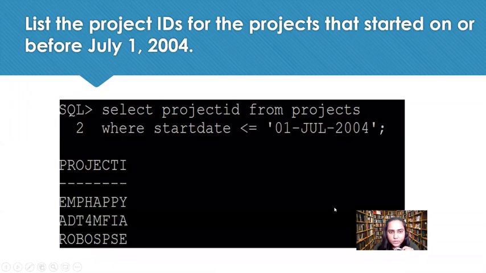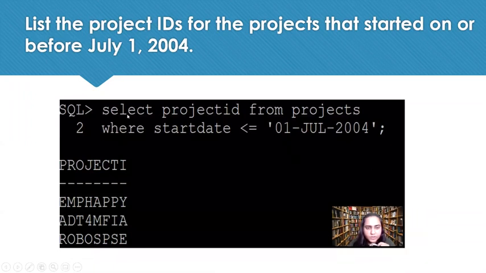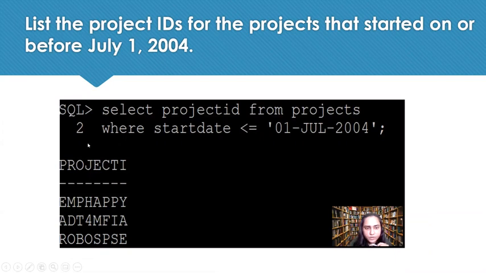So you can see here the query: select project ID from projects where start date is less than or equal to, and then you specify your date in this format, 01-JUL-2004. And I'm getting these 3 projects, and those are MHappy, ADT4MFIA, and RoboSPSC.